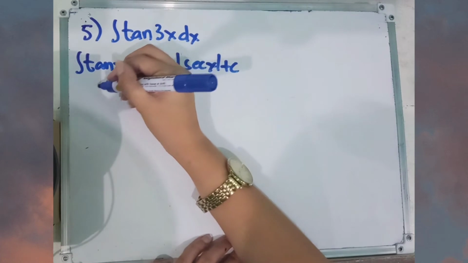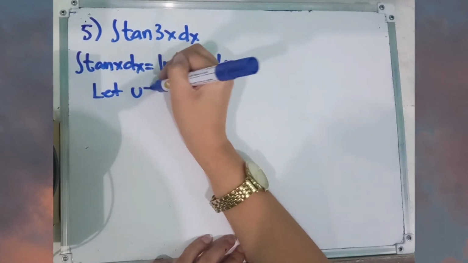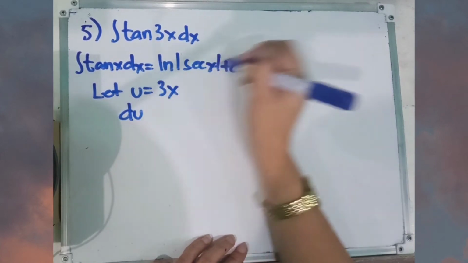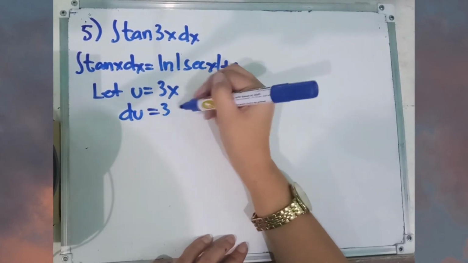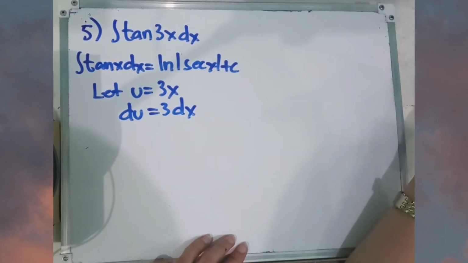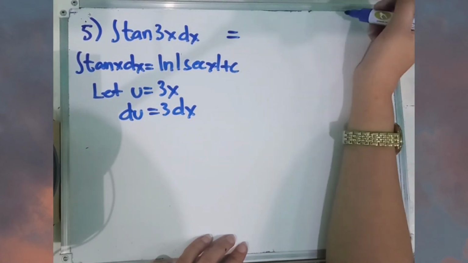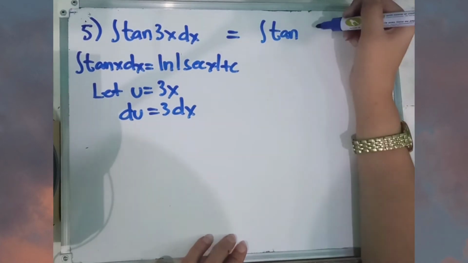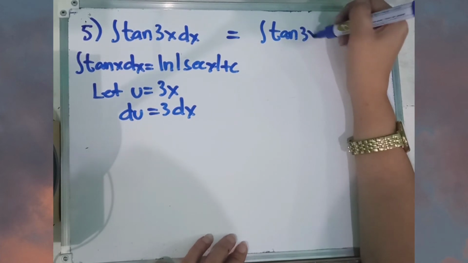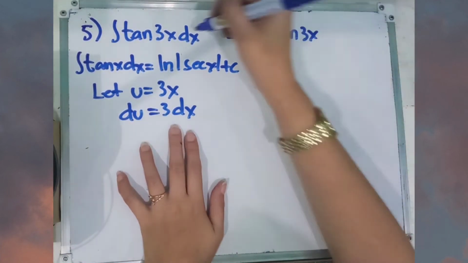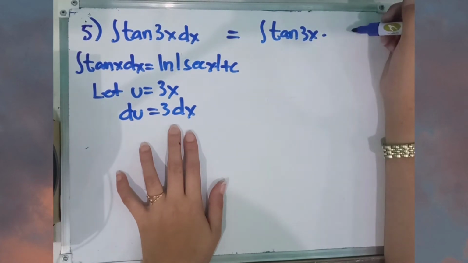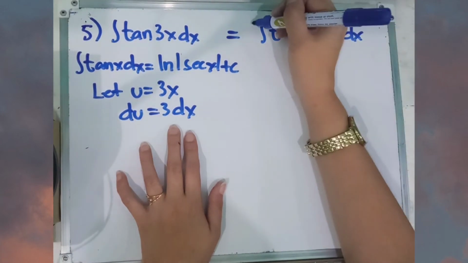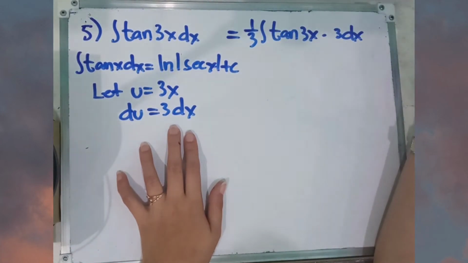So using u substitution, let u be equal to 3x. Of course, du over dx is 3, so du is 3 dx. Rewriting the given function, that's the integral of tangent 3x, and since du is 3 dx, we can rewrite dx as du over 3. But of course, we need to put 1/3 outside of our integral symbol.